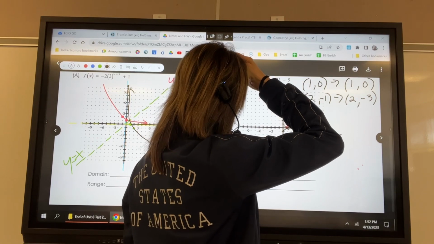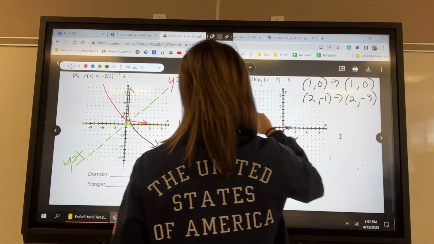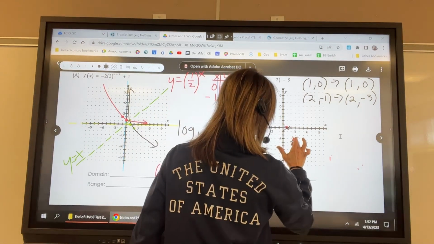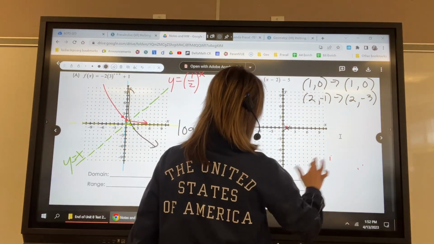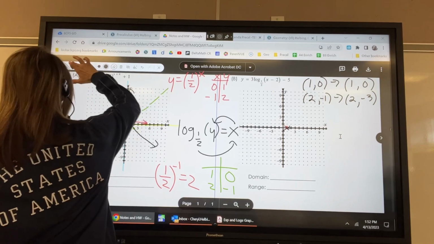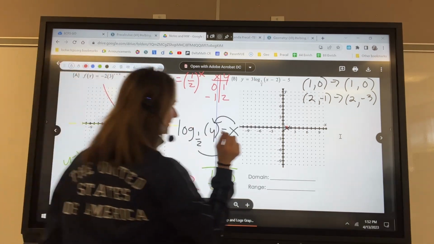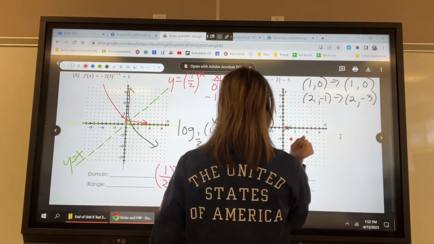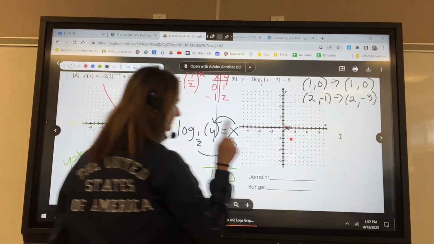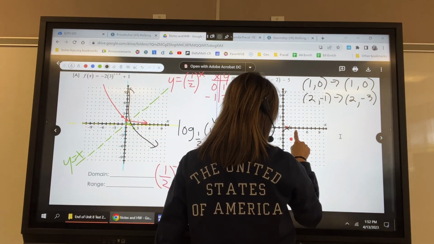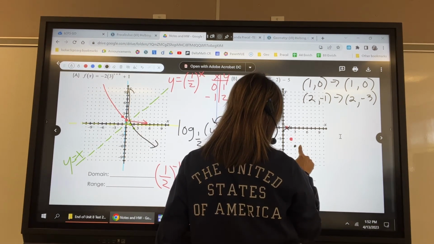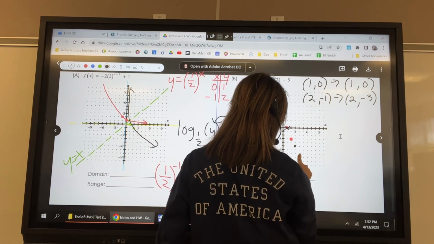I think so. Oh, I did plot it at 3, -3. You're right. Thank you. I'm just going to erase this whole thing. Good thing we caught it now. All right, so 2, -3, right? There we go. Okay, so right 2, down 5. Close enough.